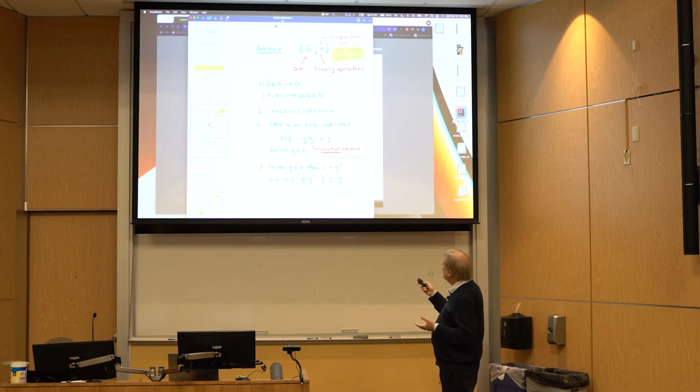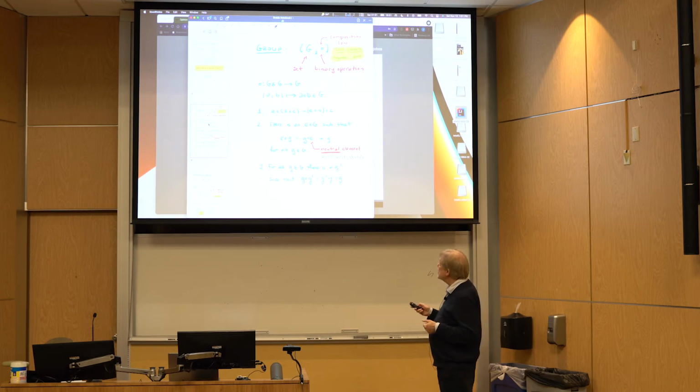Moreover, there's a special element called the neutral element such that when you multiply this element times G, or G times that element, you get the element back again. So it's acting like 1 when you multiply numbers, or like 0 when you add numbers. Sometimes we call it 0, sometimes unit, sometimes identity.